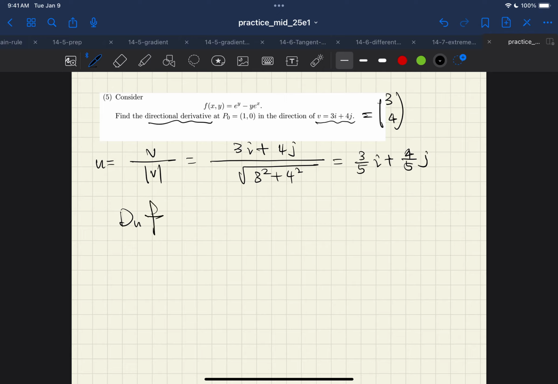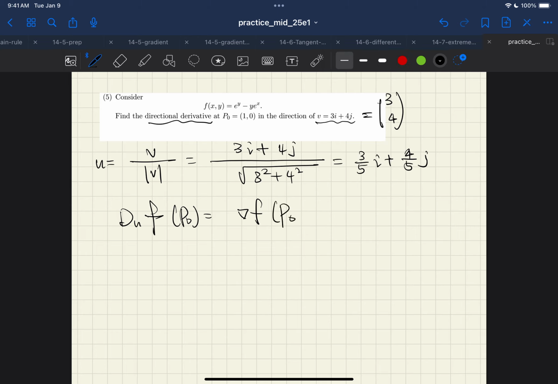Then the formula for the directional derivative in this case is, this is notation, but we often write this as gradient f dot product u, and plug in numbers. You can plug in numbers first sometimes, so it may be easier. If you want, you can write it this way.